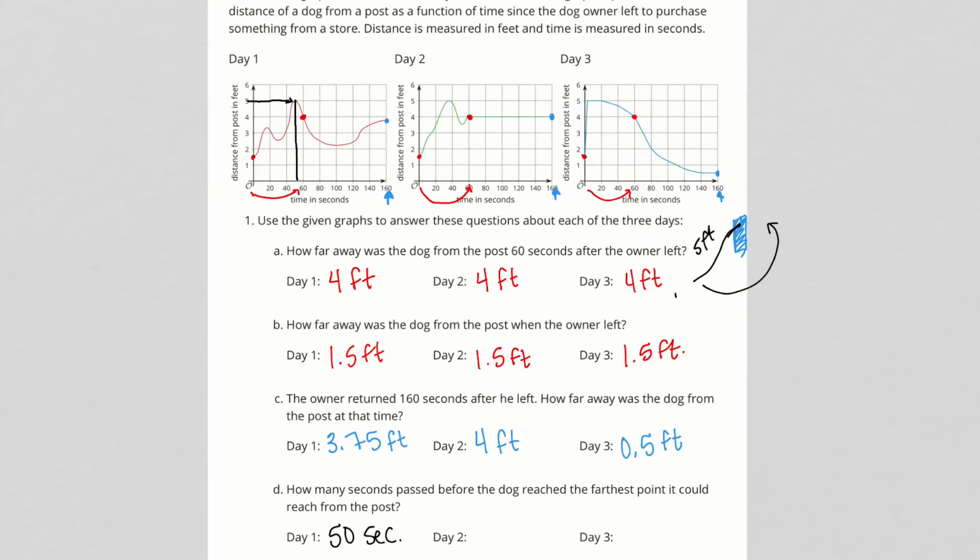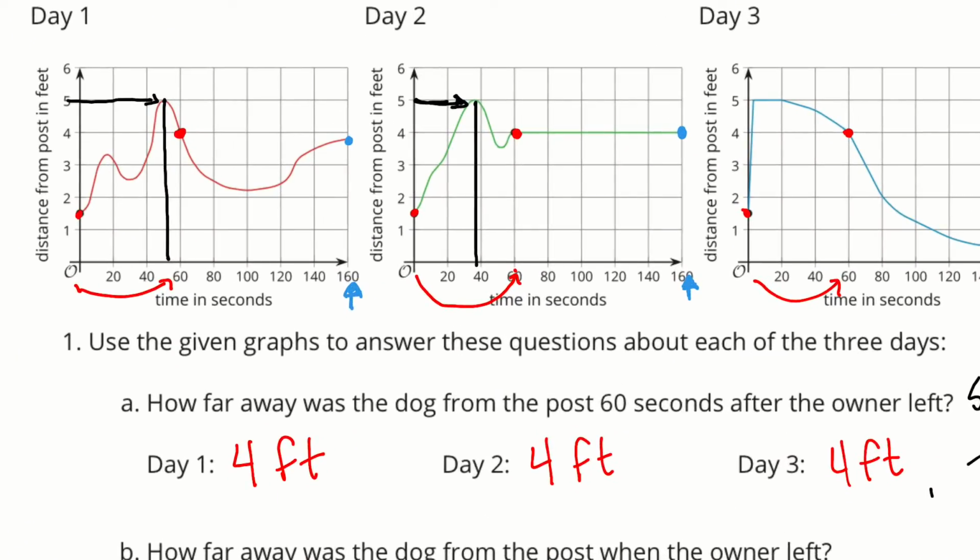So on day 2, same thing. We're going to look across the 5 feet and then go down and see approximately how many seconds that was. And I think that looks like it's about what? 39, 38. I'd say probably closer to 35. I mean, we could say 39, 38.